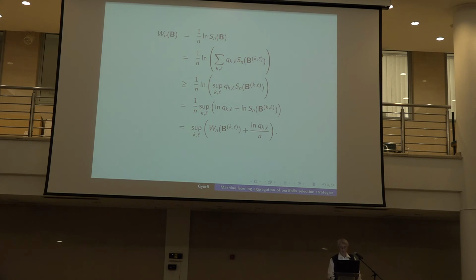What does it say? Our dream, our target for the future would be to achieve the best possible growth rate, best possible among the window size and radius. It says that the actual growth rate is at least equal to the supremum, because Q is a probability distribution. It is a negative correction term, but small.